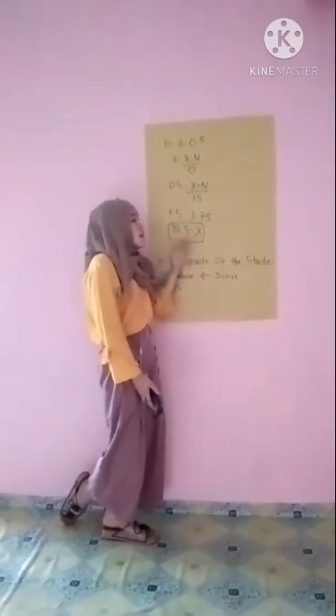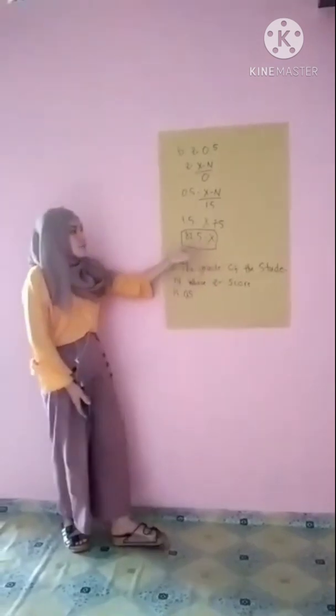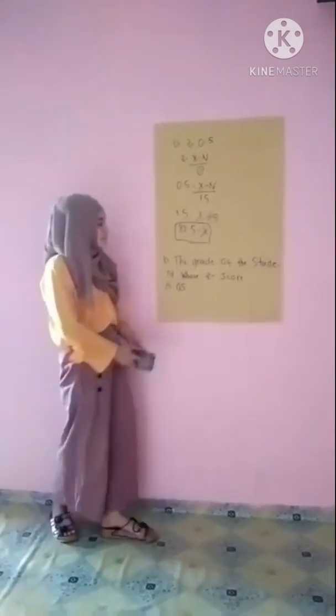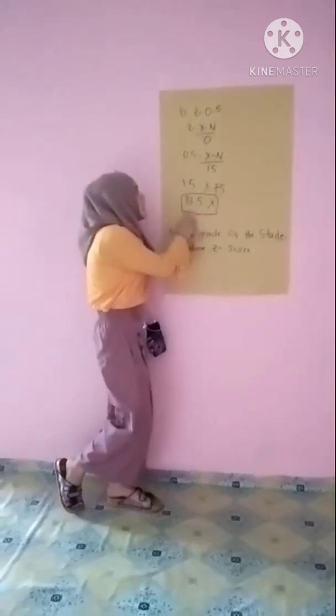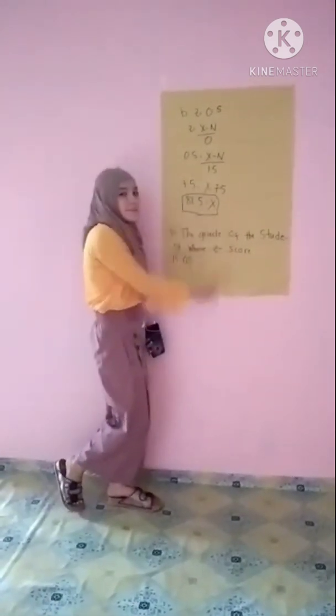So the score of the student whose Z-score is 0.5 is 82.5.